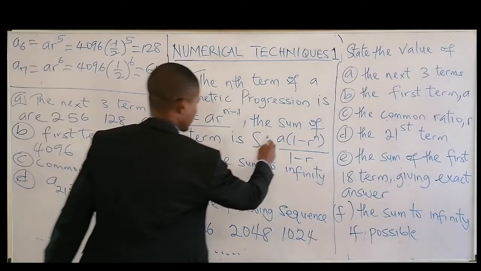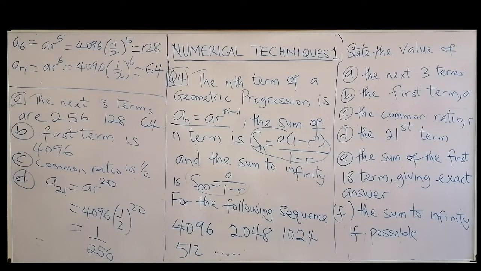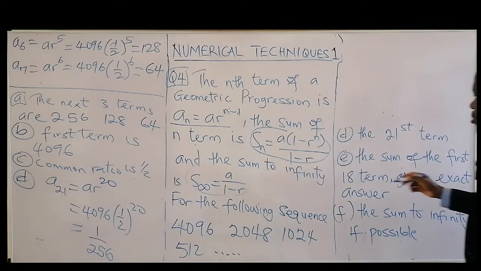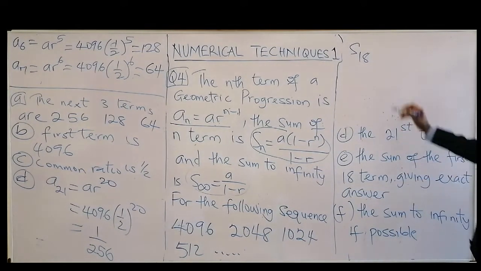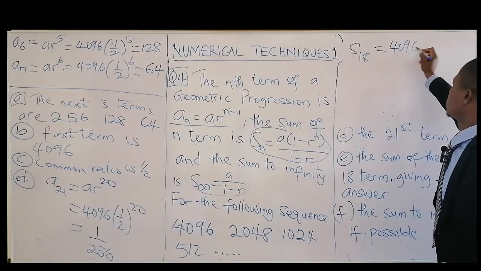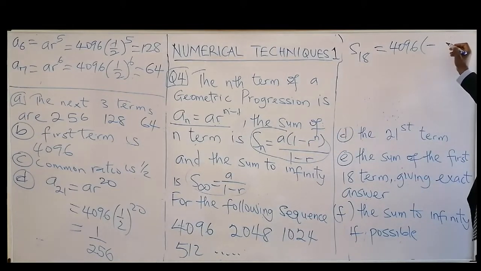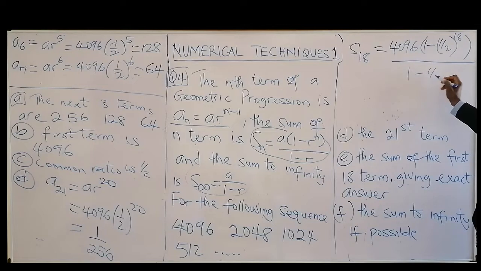Then the next one, the E, the sum of the first 18 terms. We have the formula for the sum of n terms. Let's use that formula to get the sum of the first 18 terms. S18 equals 4096 into brackets 1 minus half to the power 18, close the brackets, all over 1 minus half.